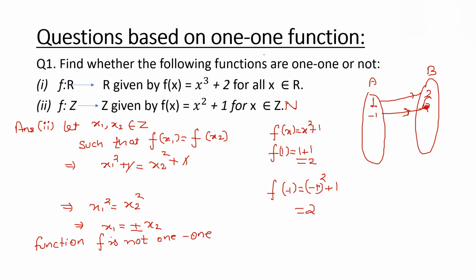It will be one-one, because if this is a natural number, then we will not put any negative number here. So you need to check both things, the function as well as the set. Here it is an integer, that's why there is a possibility that we will put a negative number. So I hope this is clear.